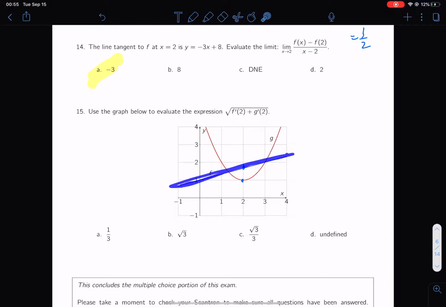So this is the tangent line. That means they have the same value. So we have to look for the slope of this blue line. You can see this is the first point, 0, 1, and the second point is 3, 2. So the slope of this one is 2 minus 1 divided by 3 minus 0, which is 1/3.